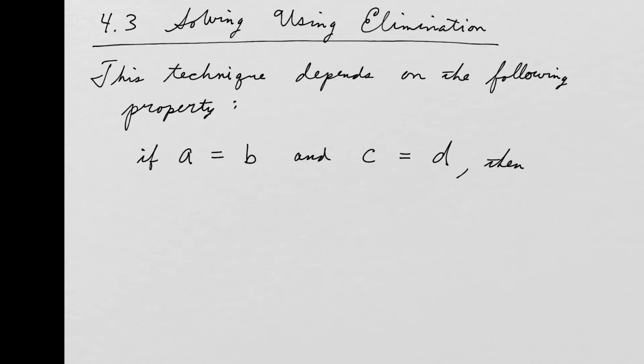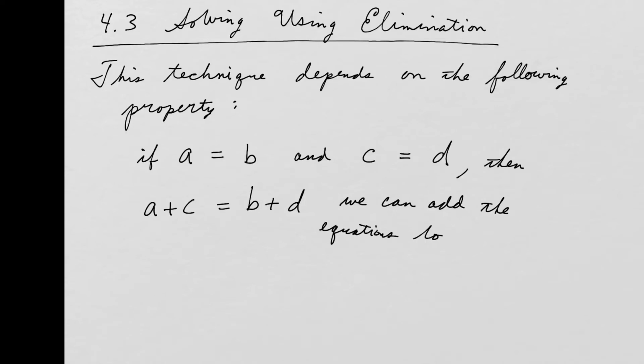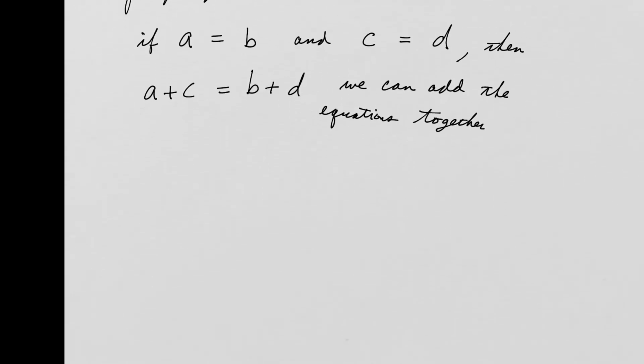So then if I were to add the left-hand sides, A plus C, that's going to equal B plus D. So we can add the equations together. That's why sometimes this method is called the addition method. Okay, so let me give you the rules for doing this, and then we'll do a bunch of examples.